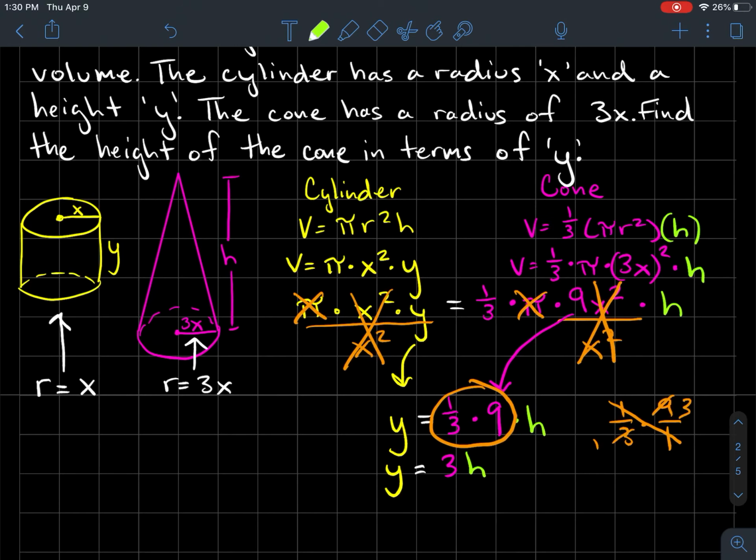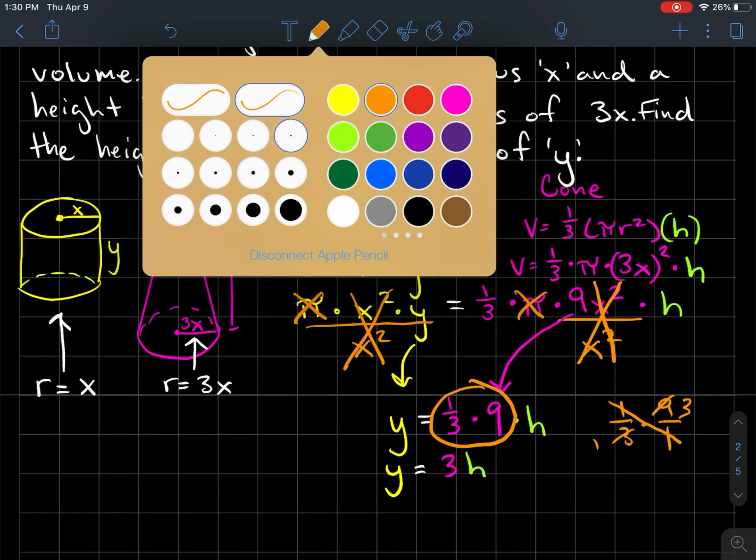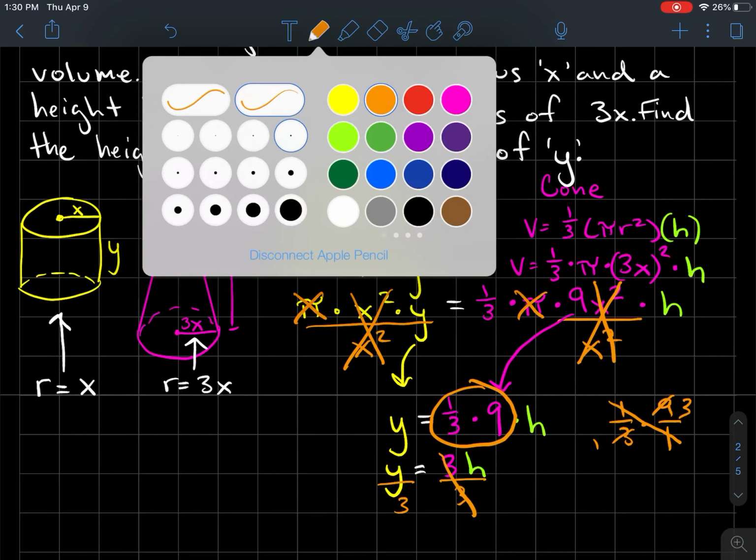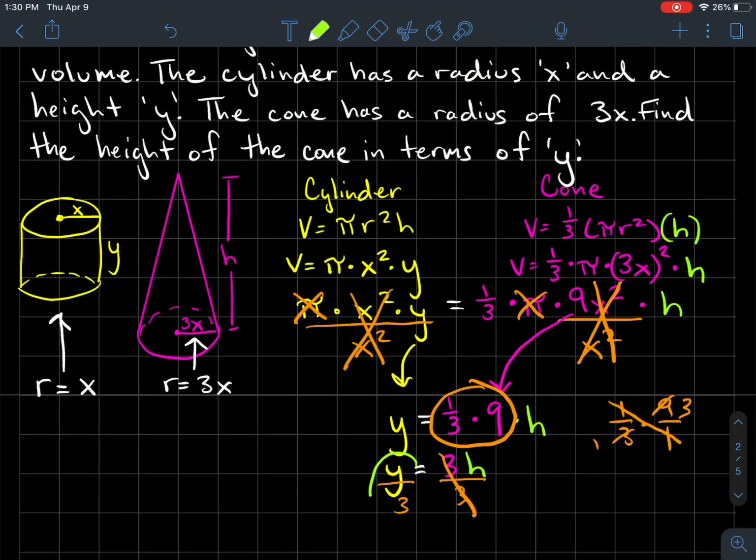And your last move, what's the last thing to do to get that h by itself? Just simply divide both sides by 3. So we get that h is y over 3. So the height of the cone is y over 3.